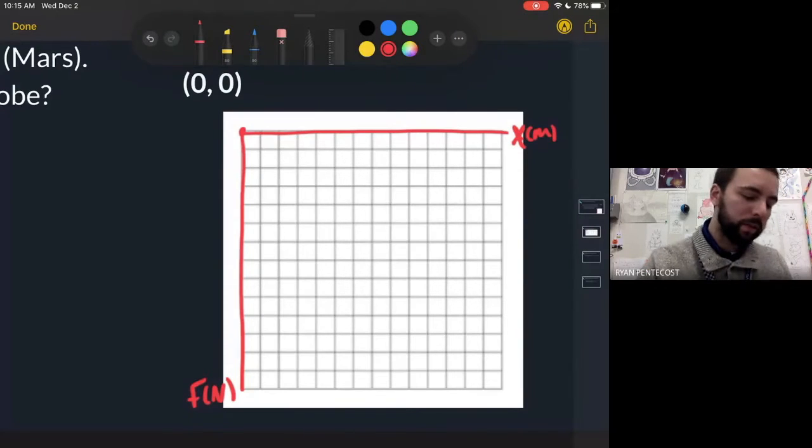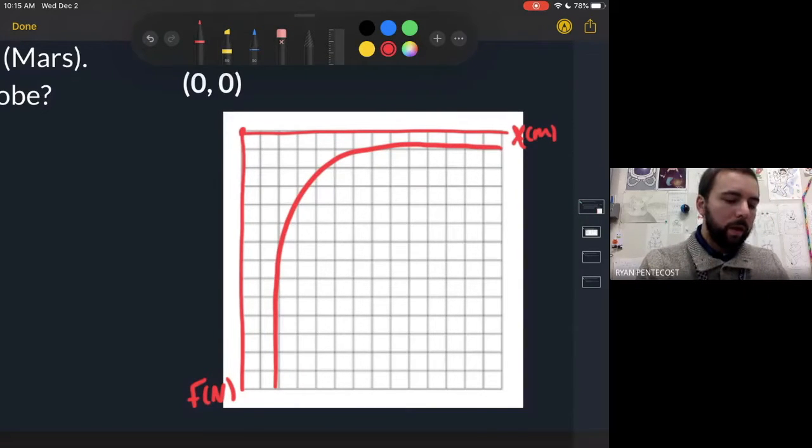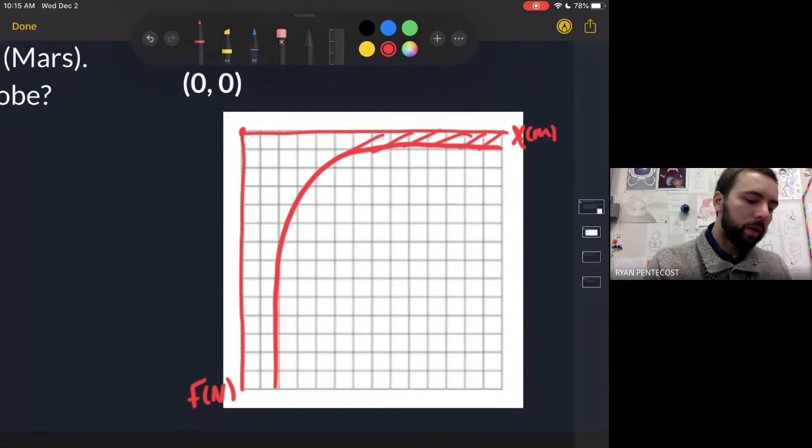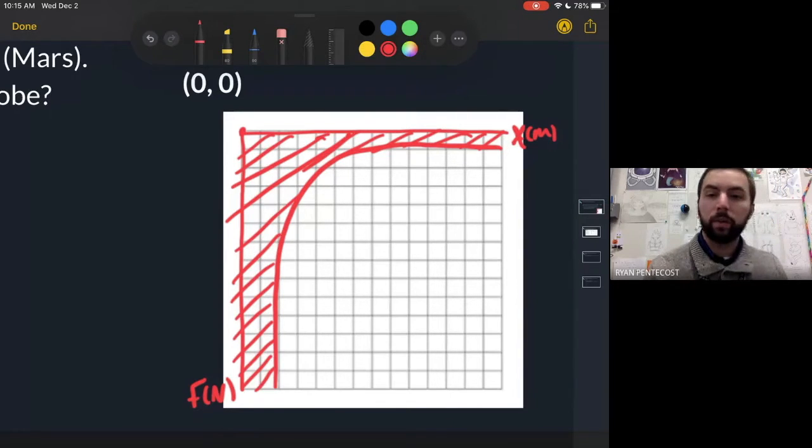So if you graph this equation, it looks something like this. And the work done here, right, is going to be the shaded area under the curve. In this case, it would be above the curve, right? So it would show that it's negative work, that it's working against the object as it gets farther and farther from the sun.